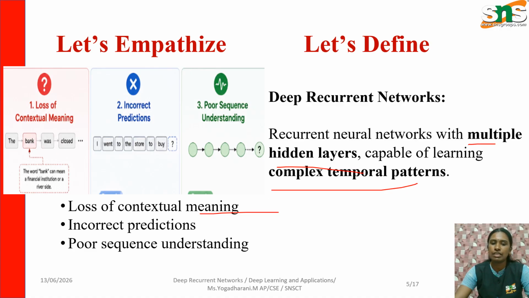The next one is incorrect predictions. Missing context results in wrong output. The network cannot understand the overall sequence effectively. For example, in language translation, forgetting earlier words can completely change the meaning of a sentence. Context is everything in sequence learning.